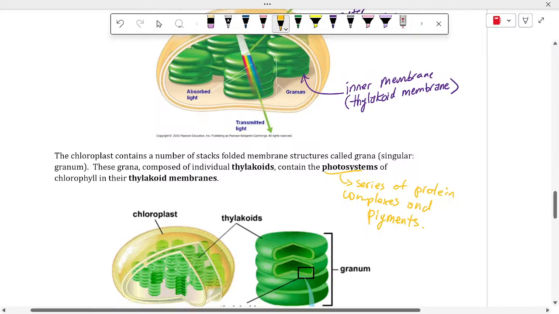The pigments themselves are not proteins. Pigment structure is an interesting thing in its own right. We won't get into it today, but the pigments are their own little covalent compounds, but they're held in these protein complexes.